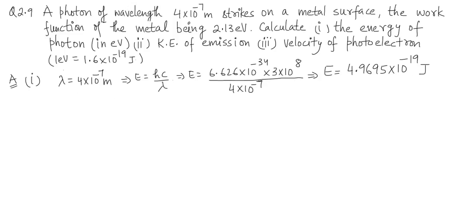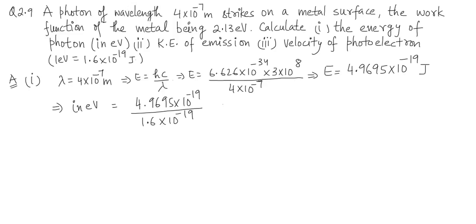And you can convert it in electron volt. ठीक है भाई, 1.6 into 10 to the power minus 19 joules कितने हैं, 1 electron volt है. So you can apply the unitary method. So in electron volts, this will be simply 4.9695 into 10 to the power minus 19, divided by 1.6 into 10 to the power minus 19.